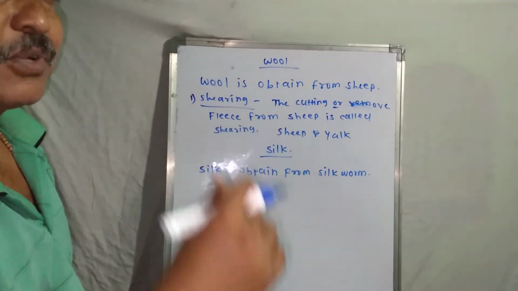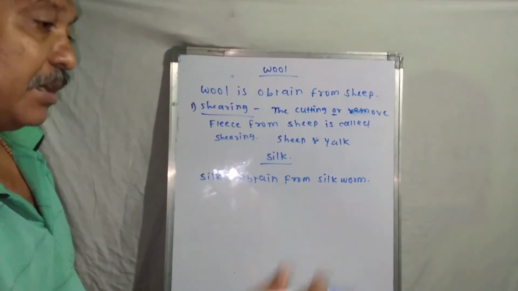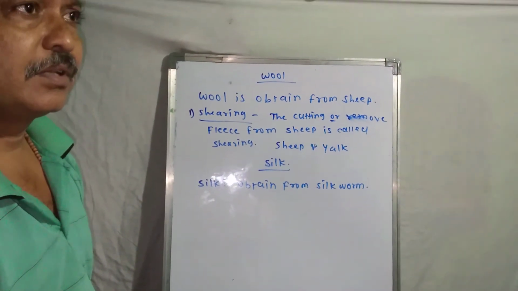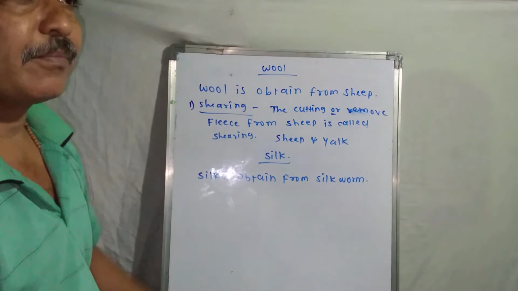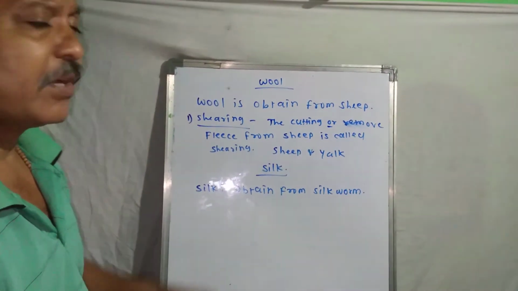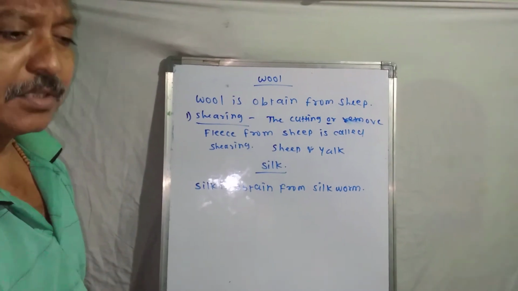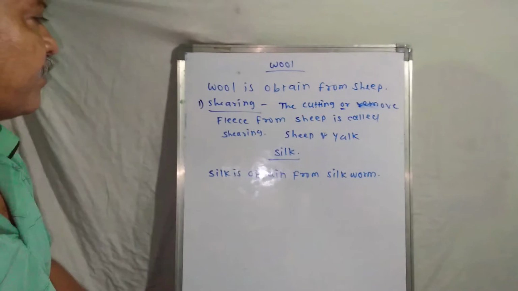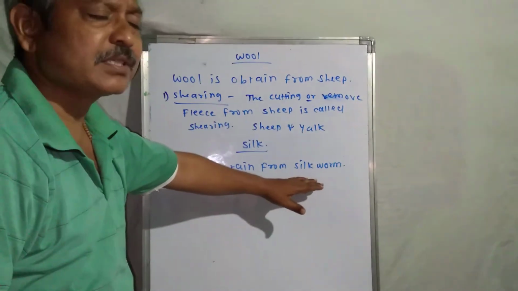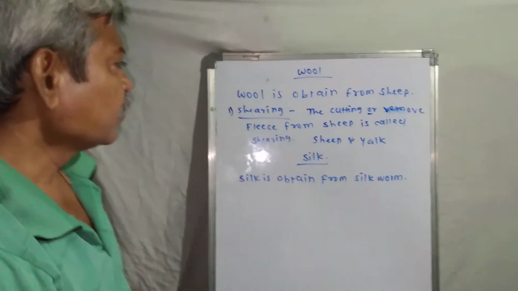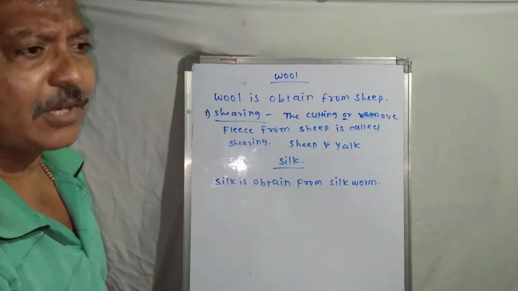The silk is obtained from the young ones of that insect. In this silkworm, the young one is not just like the adult one, which means metamorphosis is found in this silkworm. Their young ones are different, so we call it a caterpillar.